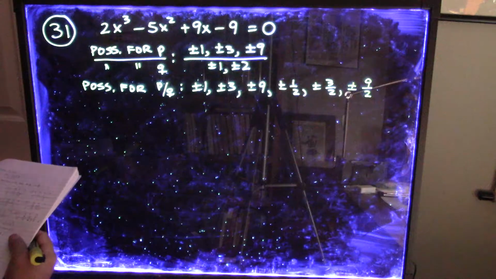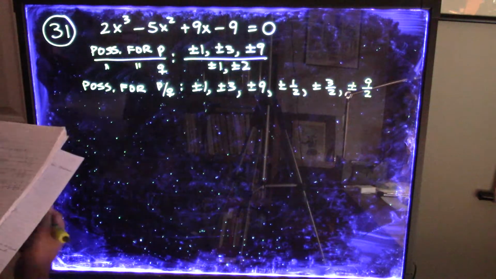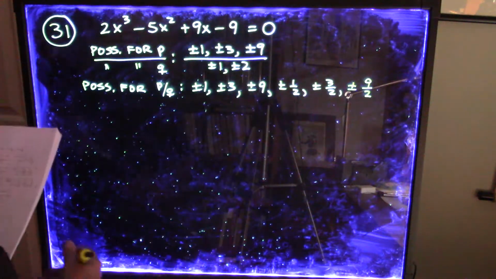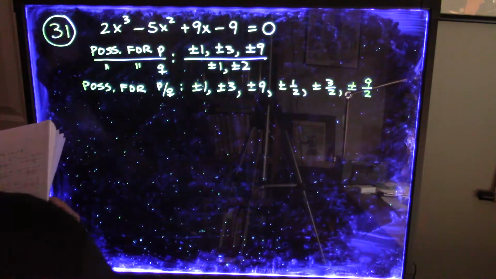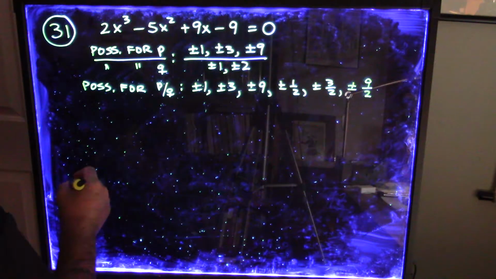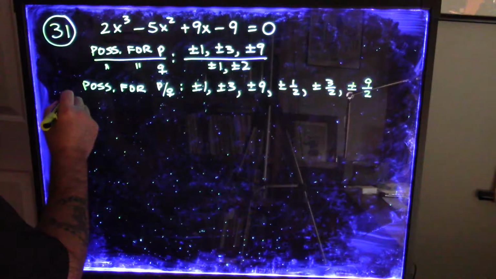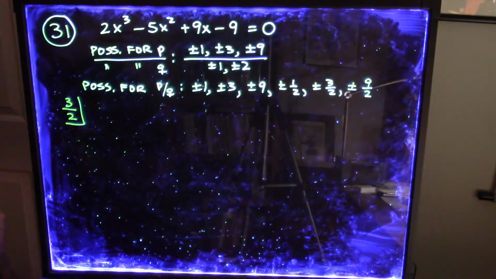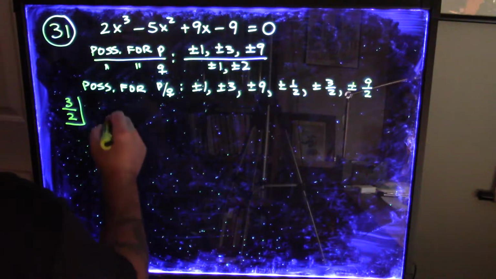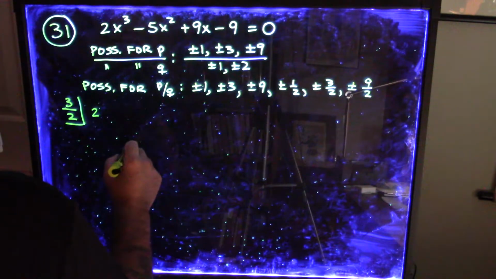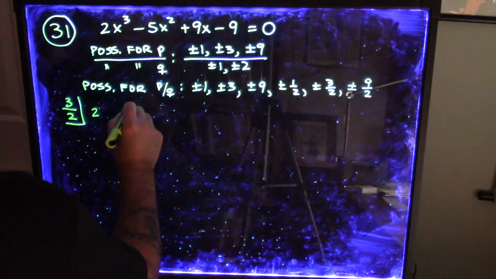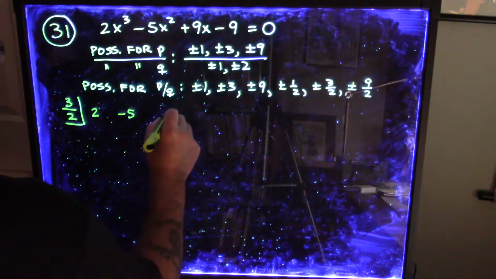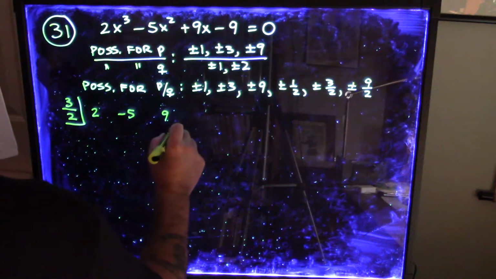Alright, so this one, if you go down this list from left to right, it's going to take you quite a while. So let me save you some time if that's the way you're doing it. 3 halves is a good one. So we've got 2, -5, 9, -9.